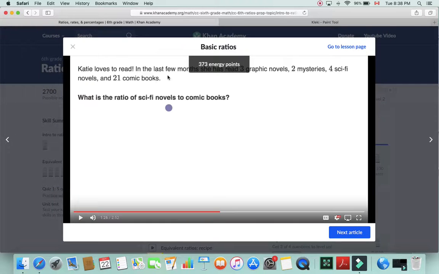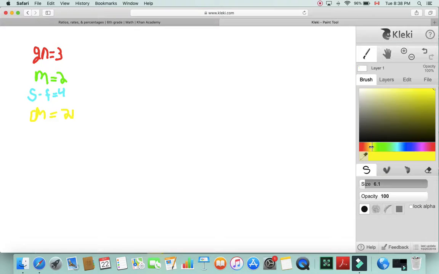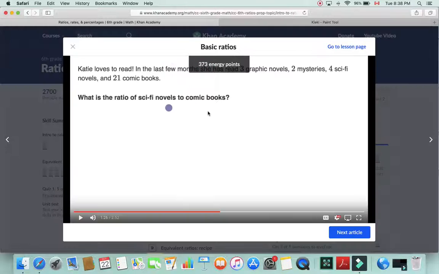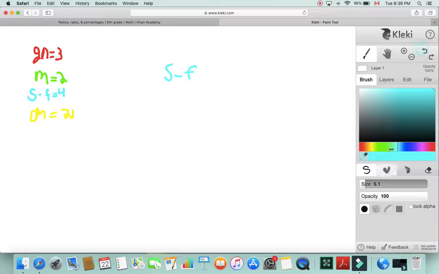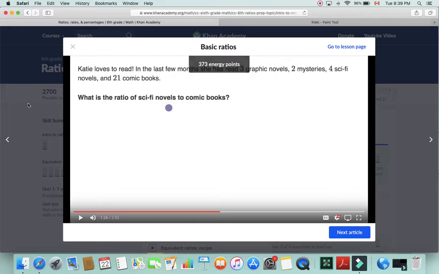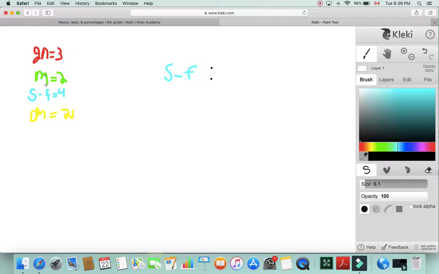So the question asks, what is the ratio of sci-fi to comic books?